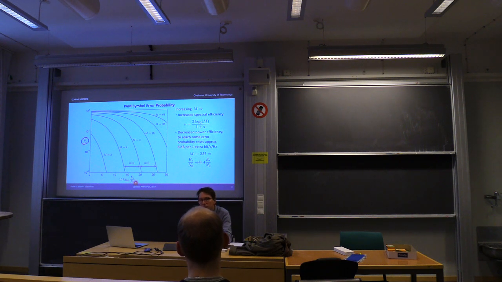So Es over N0 is known as the SNR per symbol. Es because it's energy per symbol, right? If it's Eb over N0, it's the SNR per bit. So Es over N0 is the SNR per symbol.